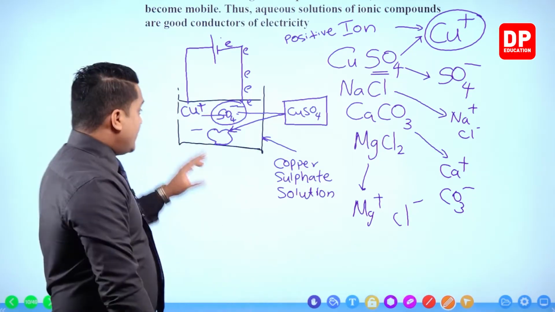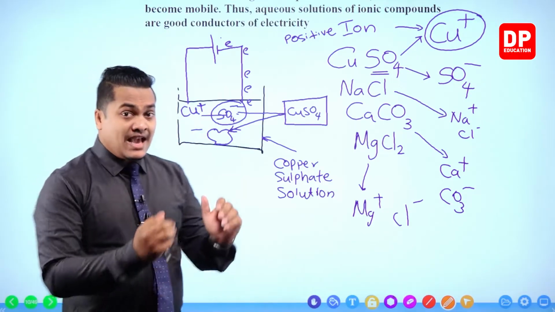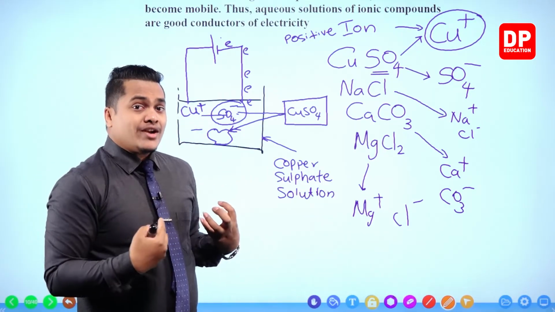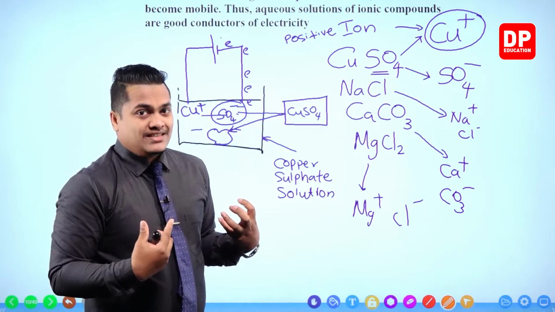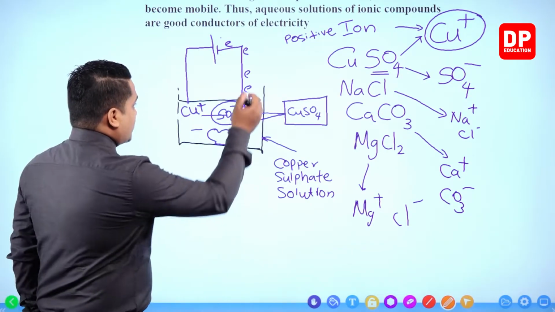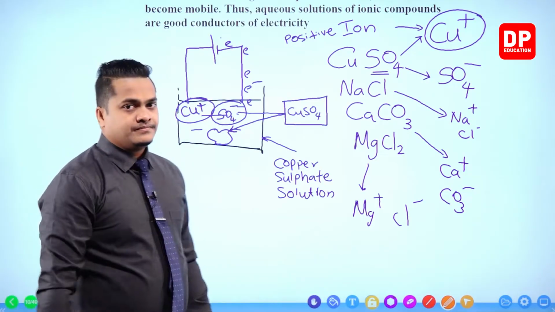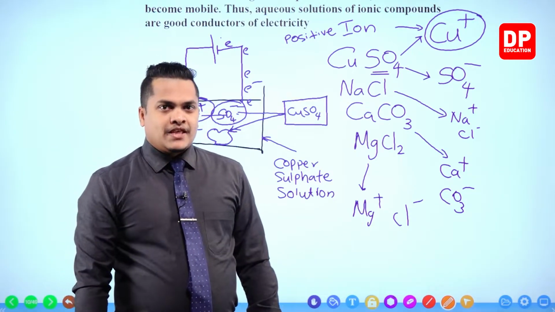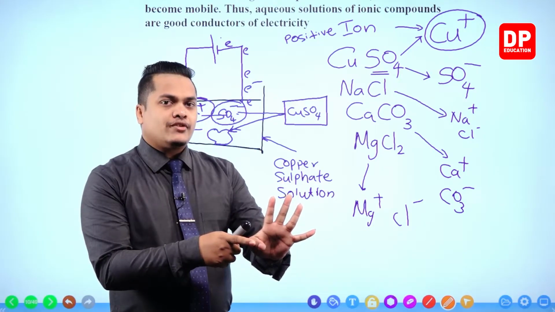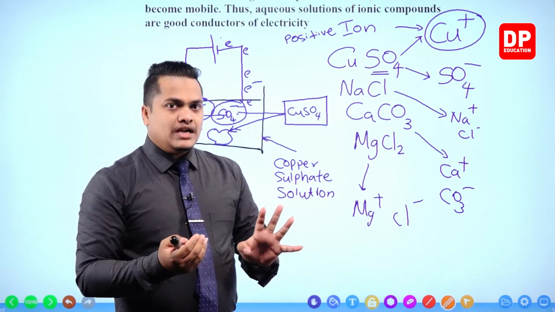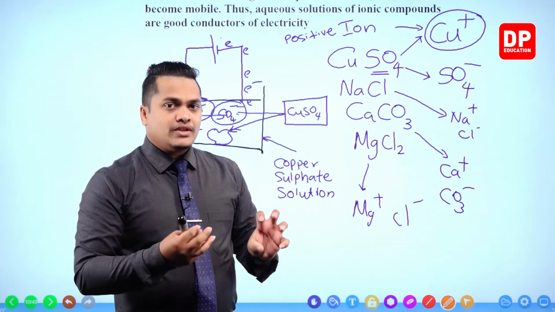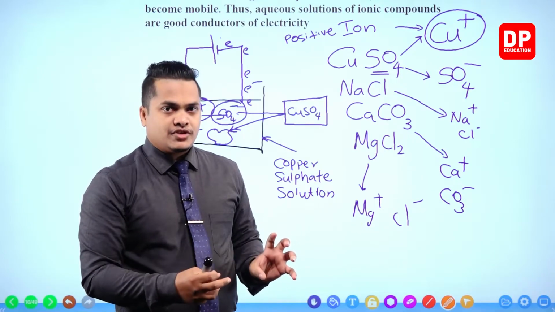Not only that, the positive copper charges have the ability to attract electrons towards their side, because electrons are negatively charged and this is a positively charged item. So copper will attract electrons and it will allow two electrons to come to that particular solution.